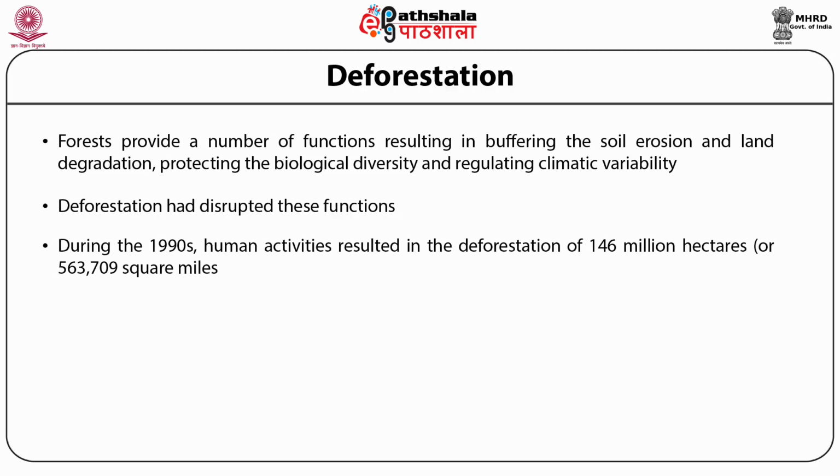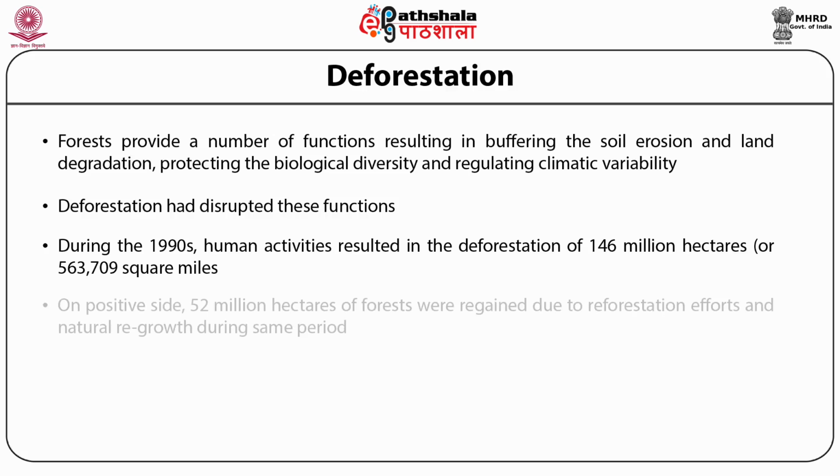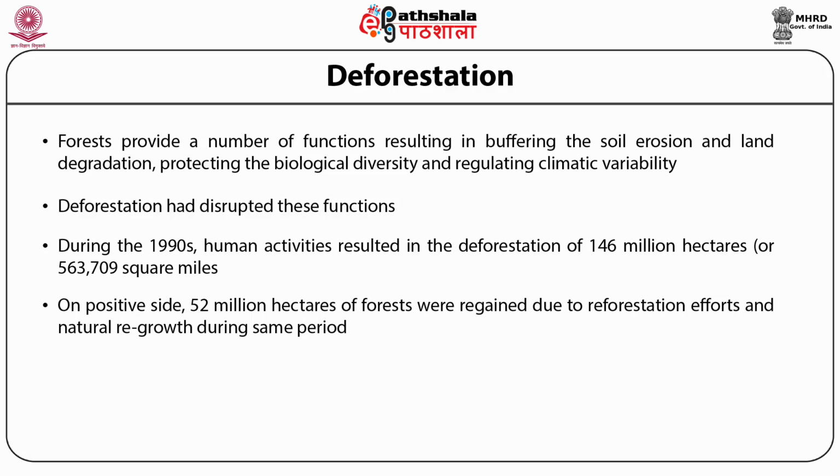During the 90s, human activities resulted in the deforestation of 146 million hectares or 563,709 square miles. This is roughly the combined areas of Colombia and Ecuador. On the positive side, 52 million hectares of forests were regained due to reforestation efforts and natural regrowth during the same period.